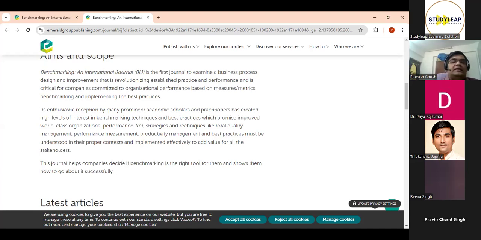Benchmarking, an international journal, is the first journal to examine business process design and improvement, that is revolutionizing established practice and performance, and is critical for companies committed to organizational performance based on measures or metrics, benchmarking and implementing the best practices. So if your article is on organizational performance, they will accept, right?